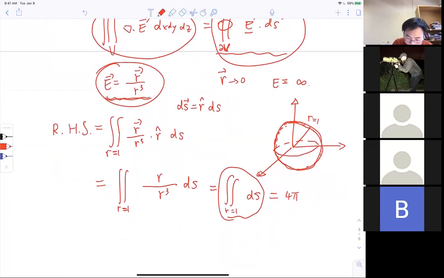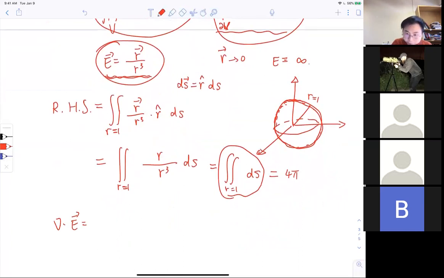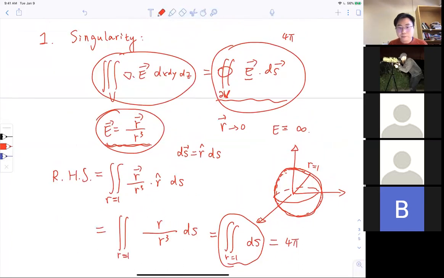Okay, so let's apply the del to E. Sorry, I didn't get the steps in between. Which one? From here to here? Yeah. Okay, from this step, because we are working with this sphere, the normal direction is outwards, meaning it's along the radial direction, which is r hat.